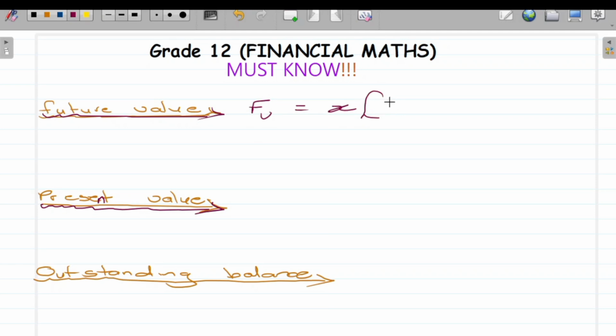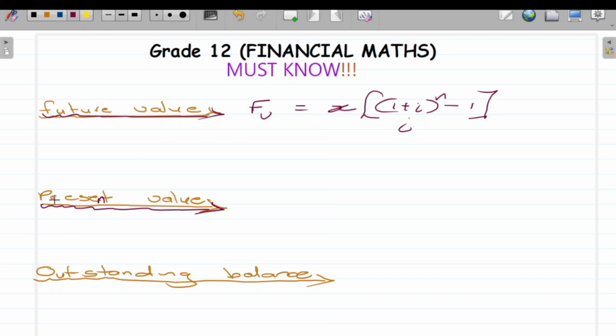First we need to write the future value formula. So we have 1 plus i, to the power of n. Okay, so grade 12, this is the future value formula.